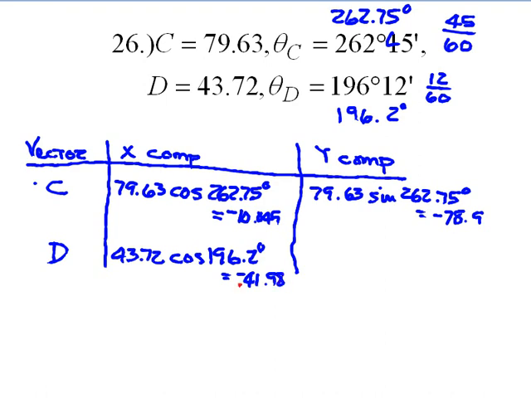Let's see, 196, that's also in the third quadrant. So they're going to be negative. Both of them again are going to be negative. So let's complete our y component. Negative 12.197.